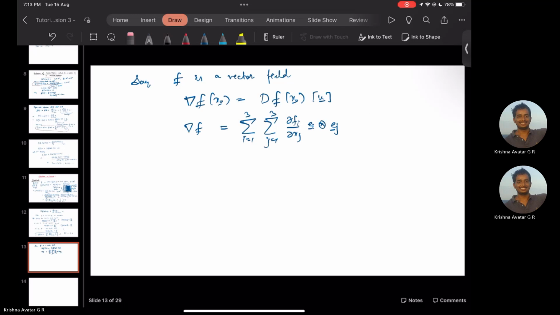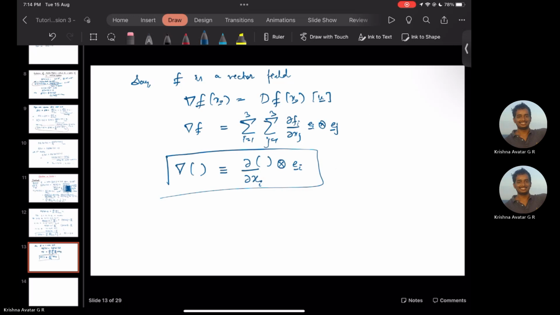So this operation is also defined as the gradient of any quantity is defined as partial derivative with respect to xi of that quantity, with a tensor product with ei. Fine. So this is the operation form.